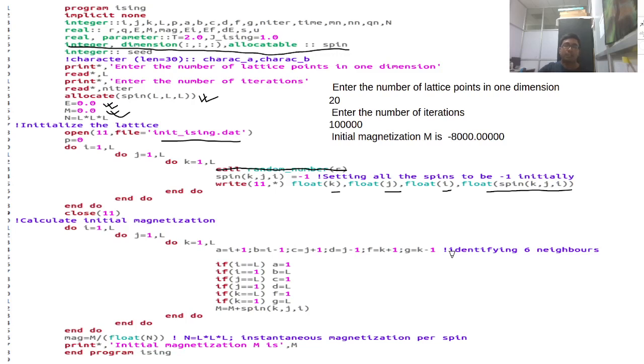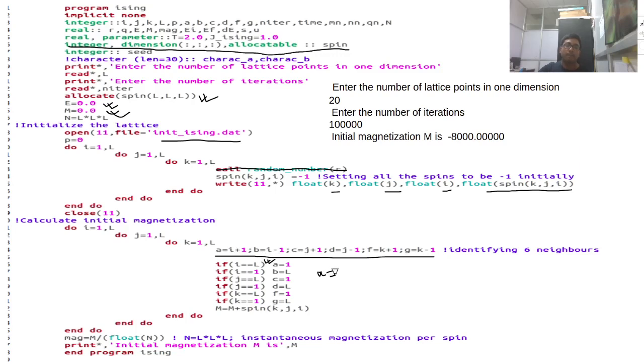So again I am running loops, three loops within one another, and these a, b, c, d, f, g are basically the termination points. Let's say whenever you reach L, if i equals L, then a will have the value L plus 1.